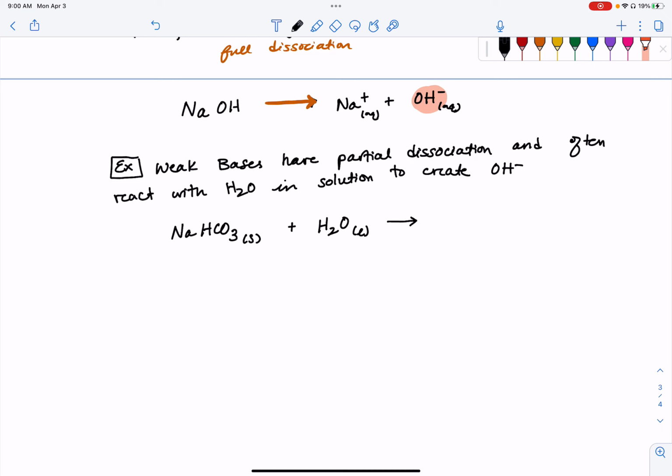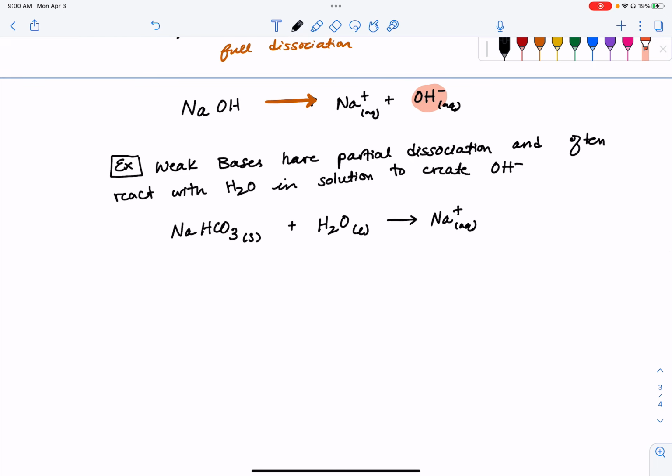All right, when I do that, I am going to create Na+ ion because sodium bicarbonate is an electrolyte, right? This is a fully soluble compound, so I dissociate into the bicarbonate and the sodium ions respectively. And then I've also got liquid water.